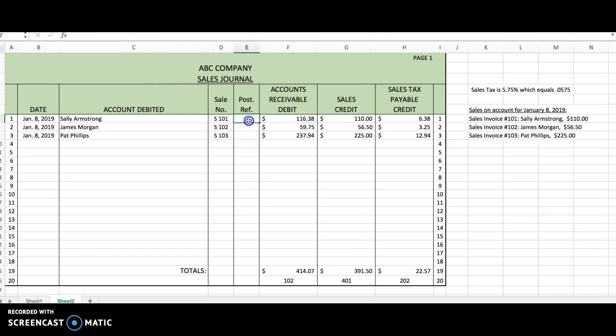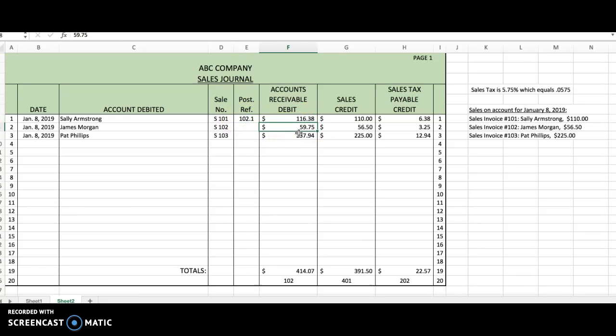So let's assume her account is 102.1. So that means this account has gone to account number 102.1, which is in one of the two subsidiary ledgers. In the accounts receivable ledger, there is an account for Sally Armstrong numbered 102.1. We debit that, means that she owes us that much money.